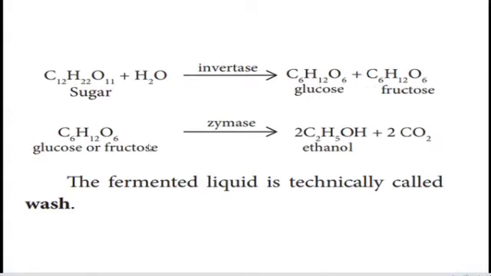Then the glucose or fructose, with the formula C6H12O6, in the presence of zymase forms ethanol, C2H5OH, and carbon dioxide. 2C2H5OH and 2CO2.